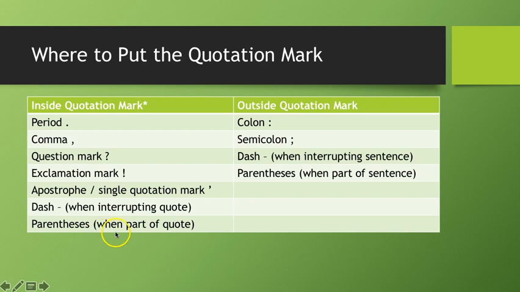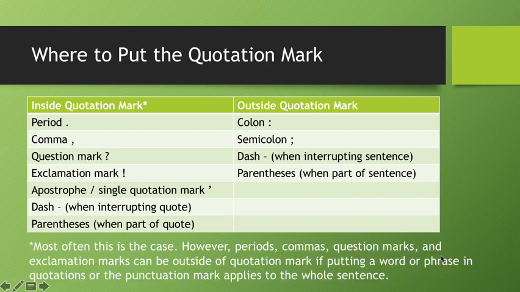And then parentheses, if they are part of the quote, would be inside the quotation mark. You have two that are always on the outside, so that the quotation mark would come first, and then a colon, quotation mark first, and then a semicolon.